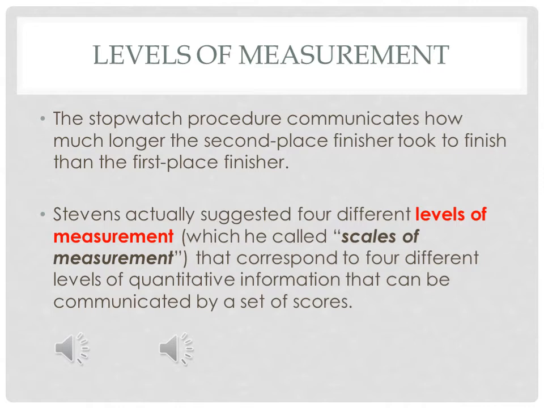So in between there is a factor related to the time gap. If you follow the stopwatch procedure, that is a correct method of assigning the scores, and it will explain how much more time the second place finisher took than the first place finisher.